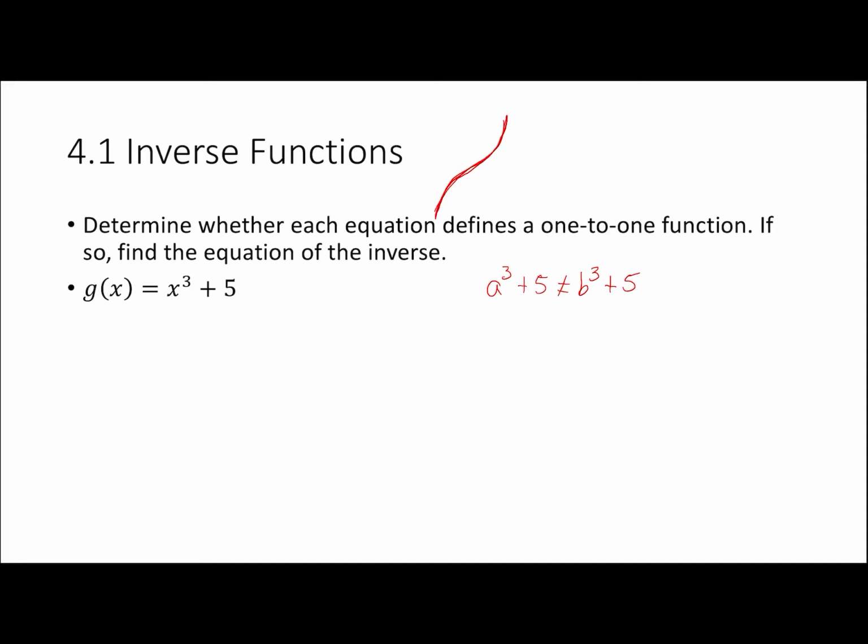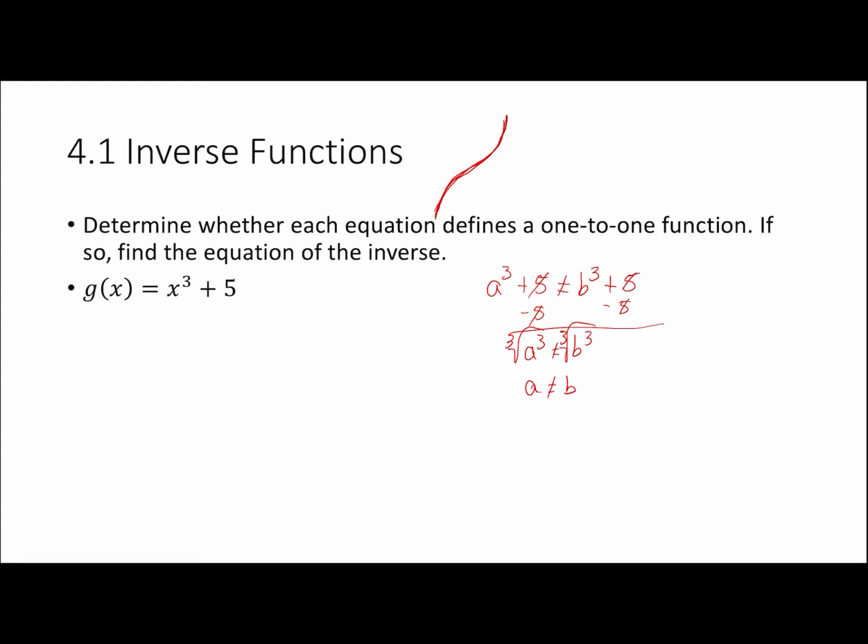And as you subtract 5, and we did this in one of the previous videos, you would find that a cubed would have to not be equal to b cubed. And then you could take the cube root of each of those. And when you take the cube root, you would find out that a is not equal to b.